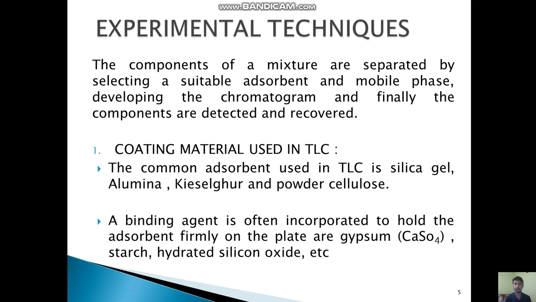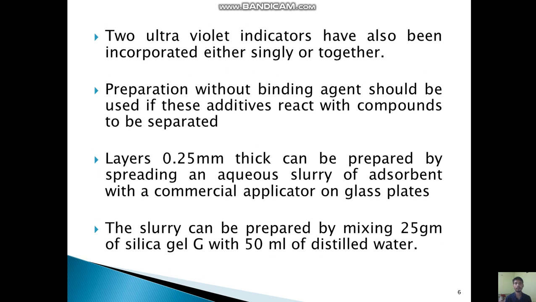A binding agent is often incorporated to hold the adsorbent firmly on the plate, or gypsum we use. Then starch is also there, hydrated silicon oxide is also there. These are the binding agents used in TLC.